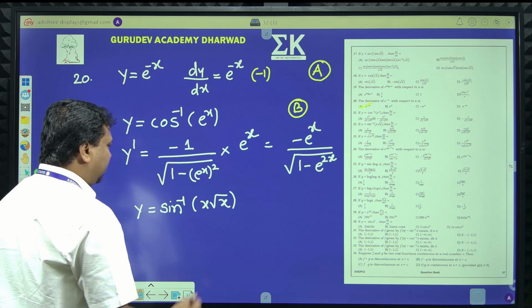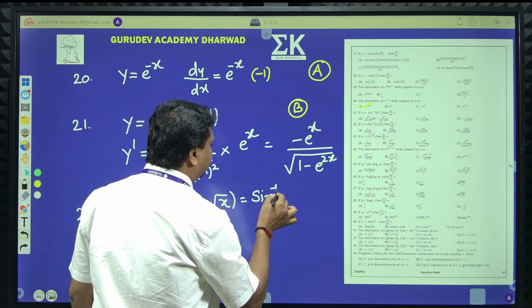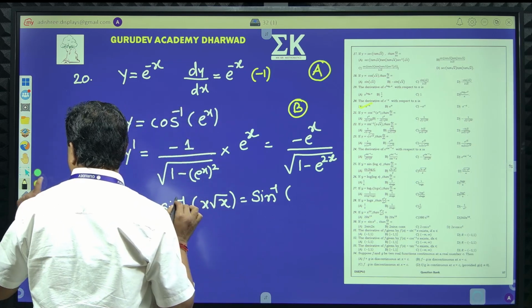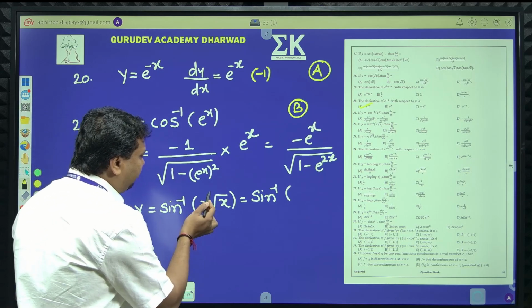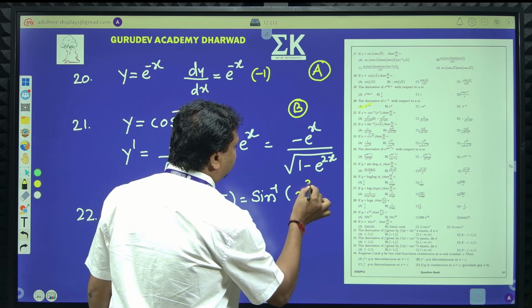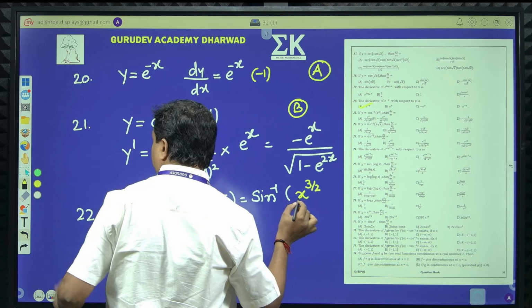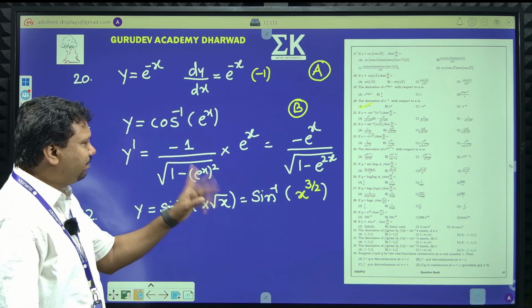But before that, let us simplify. Using the theory of indices, I write sin inverse of x root x as x to the power 1 into x to the power 1 by 2. The power becomes x to the power 3 by 2, that is 1 plus 1 by 2.